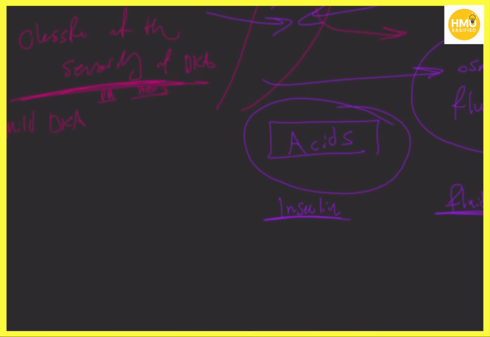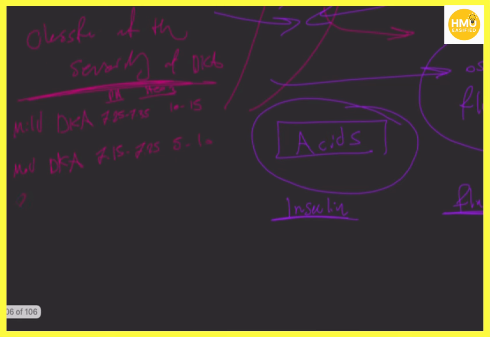The pH is going to be between 7.25 and 7.35, and the HCO3 between 10 and 15. Moderate DKA is going to be a pH of 7.15 to 7.25, and HCO3 of 5 to 10. If it's severe, the pH is below 7.15 and the HCO3 is below 5. Why is that?